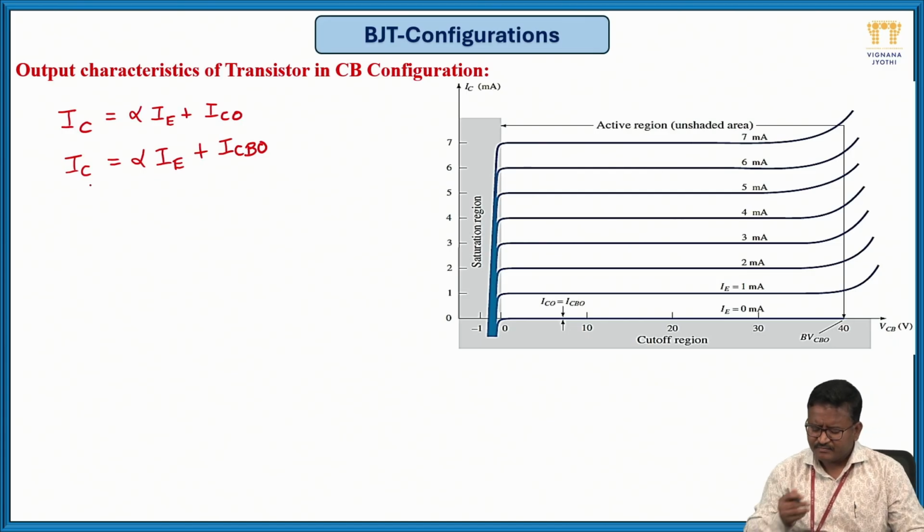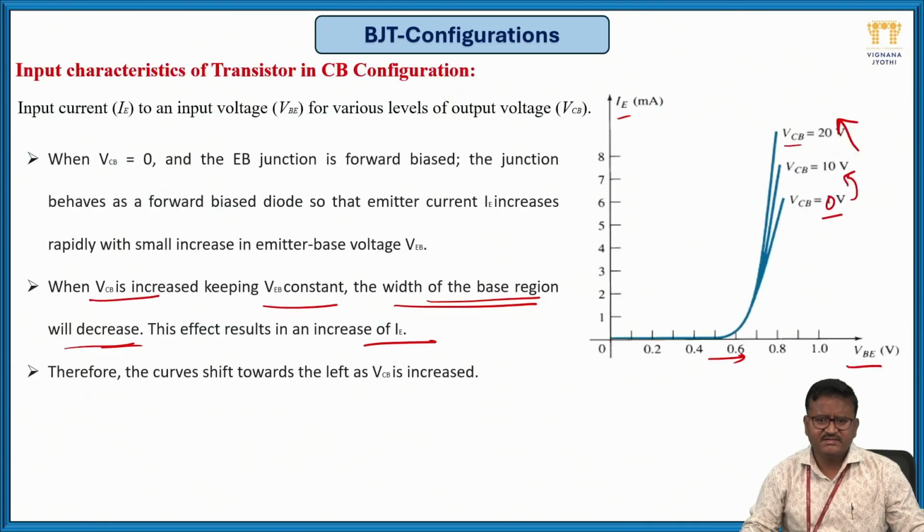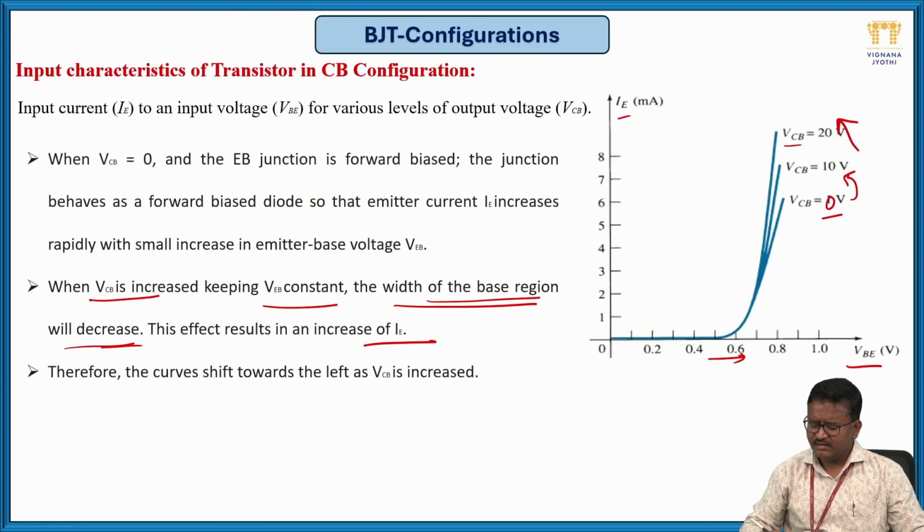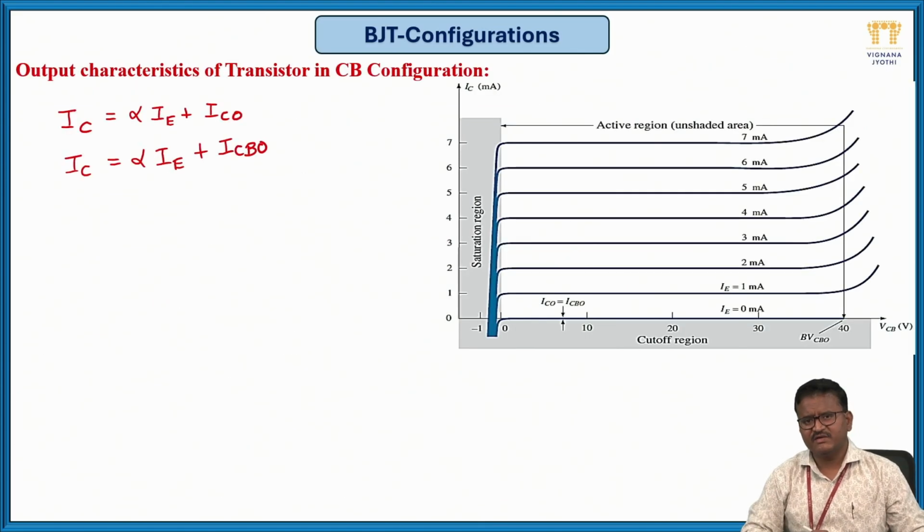Here the output characteristic, as we discussed, is a plot between output voltage versus output current, keeping input current as a reference. For a common base configuration, output voltage is VCB, output current is IC, and we consider incremental steps of the reference input current IE.